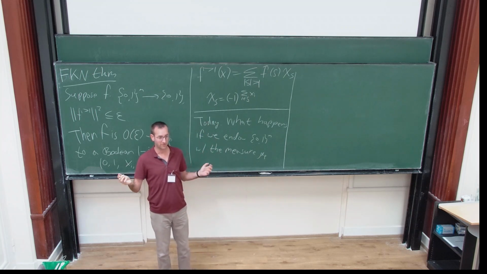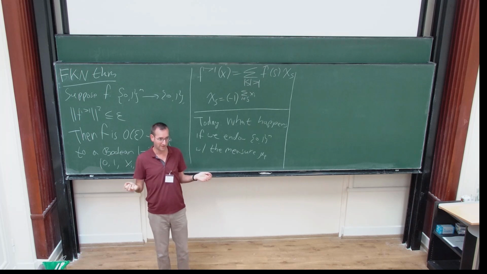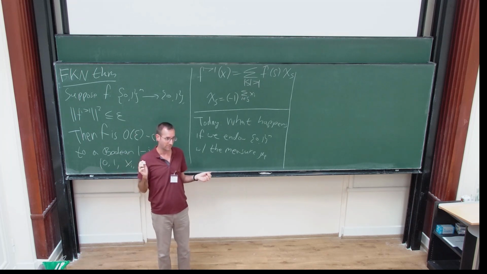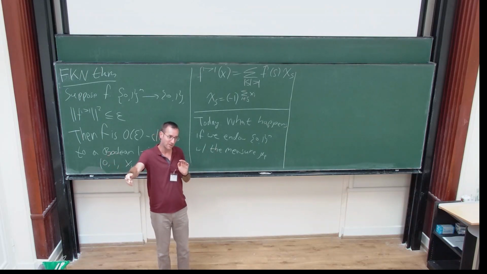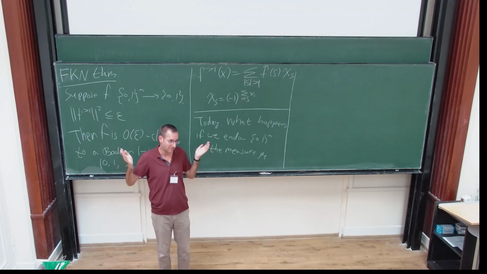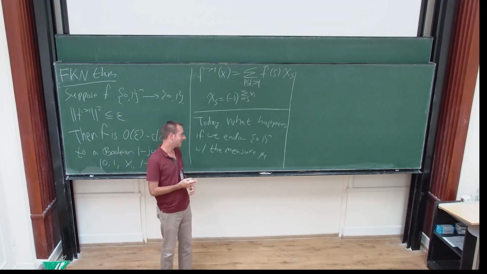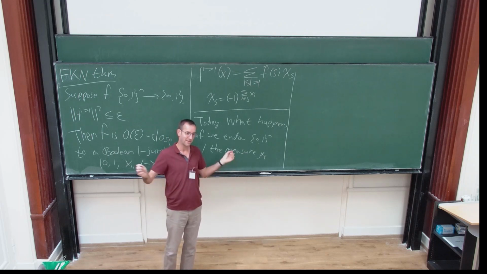If you think of {0,1}^n as this collection of subsets of the numbers 1 up to n, then the way to sample a mu_p set is by putting in each element with probability p. So the probability that x_i is equal to 1 is p, and otherwise it's a product distribution. This defines the measure. Sometimes we work with different marginals, and nothing really changes, but the typical case is where all of the biases are the same.